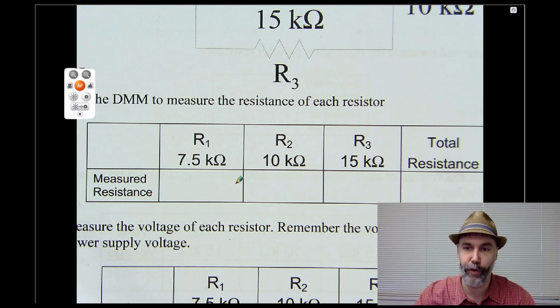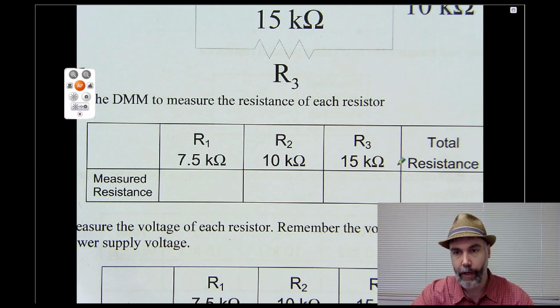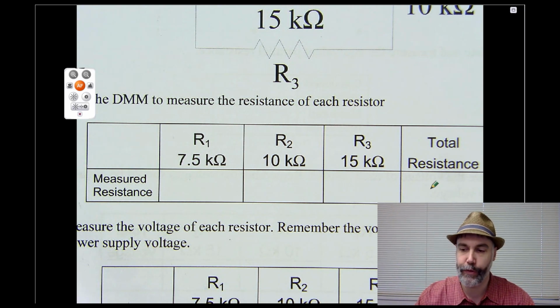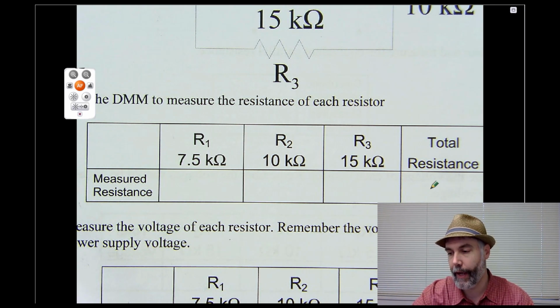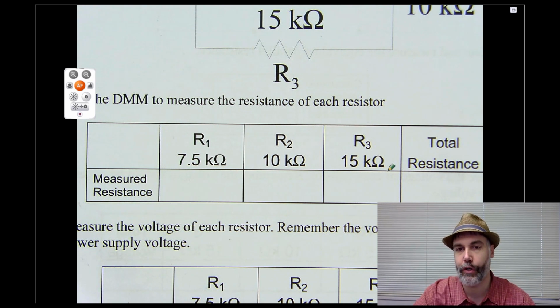Don't just round it to 7.5. The reason is because when you add your resistors together, the more precise you can be, the more closely they're going to match your real circuit here. So be as precise as you can.